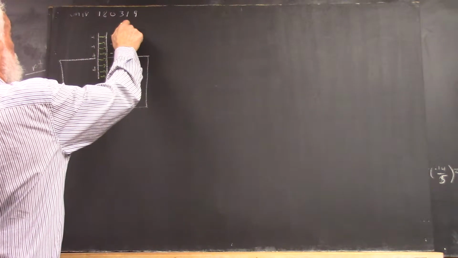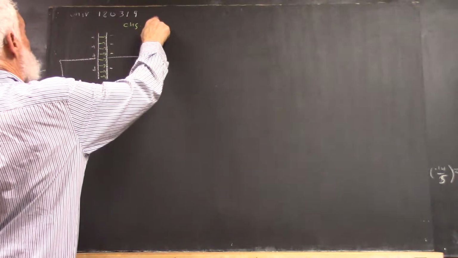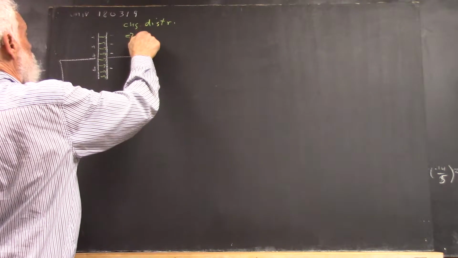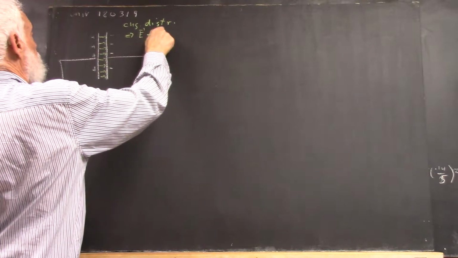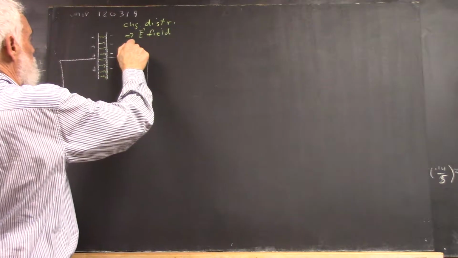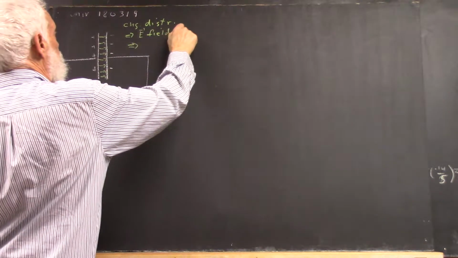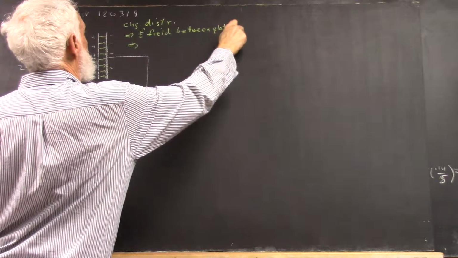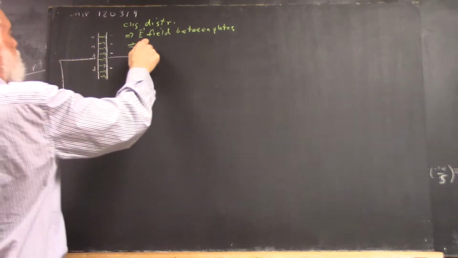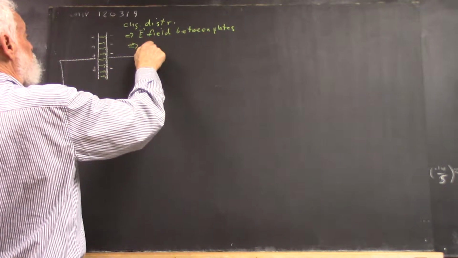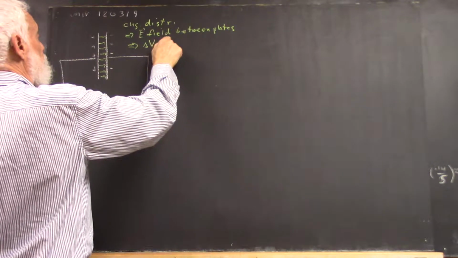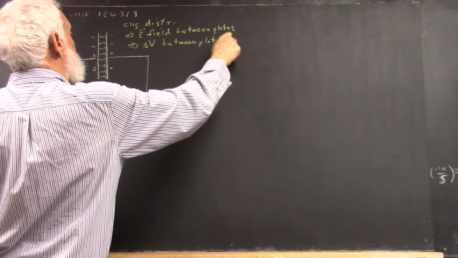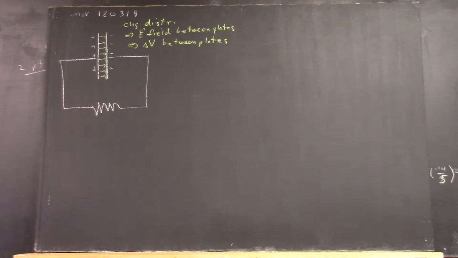So you get your charge distribution applies an electric field between the plates, which implies a voltage. A potential difference between the plates.